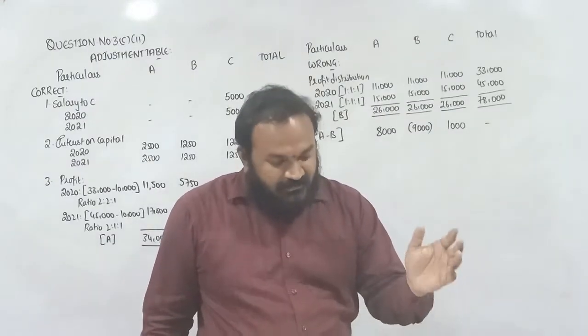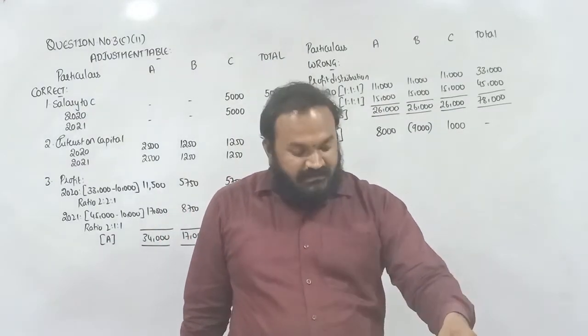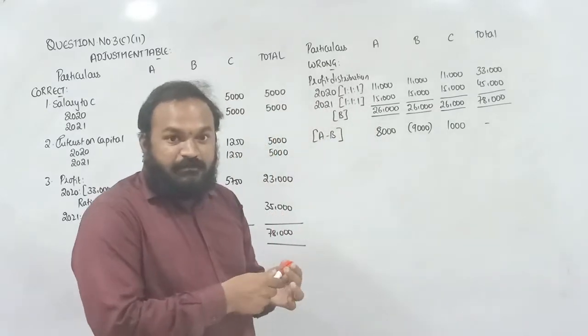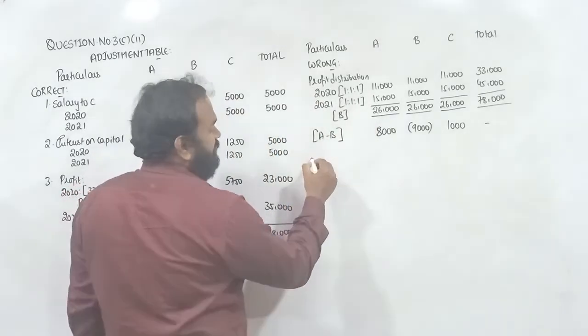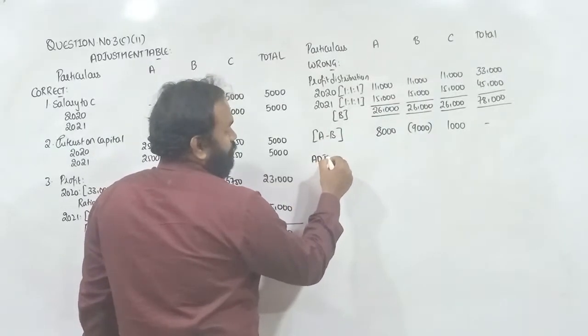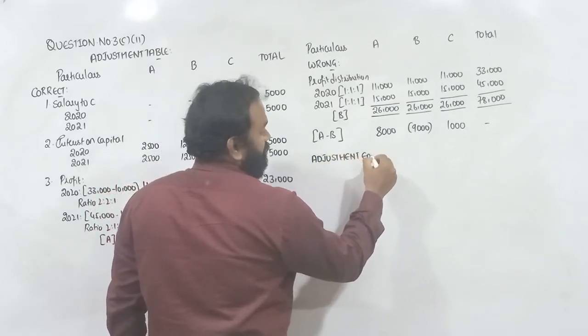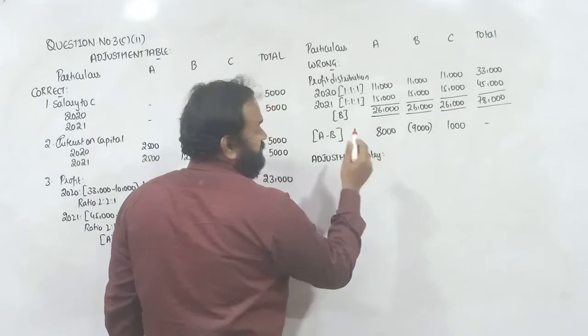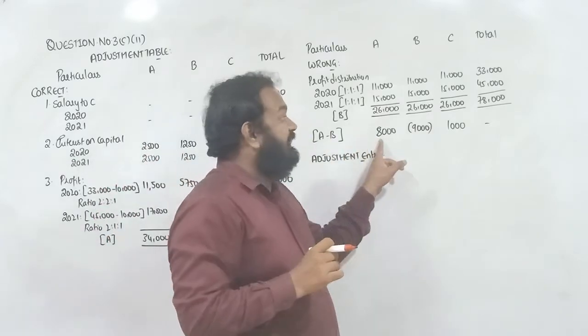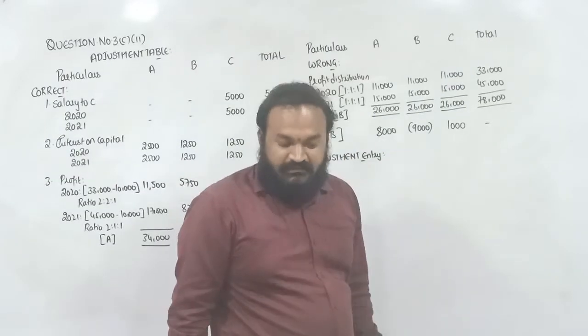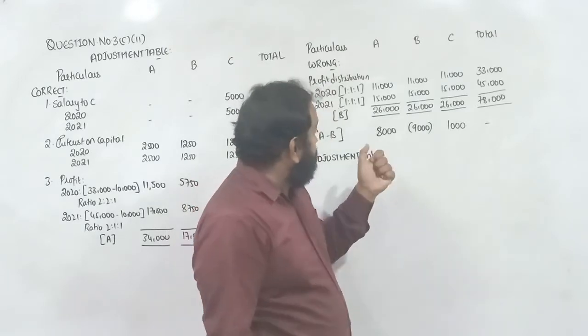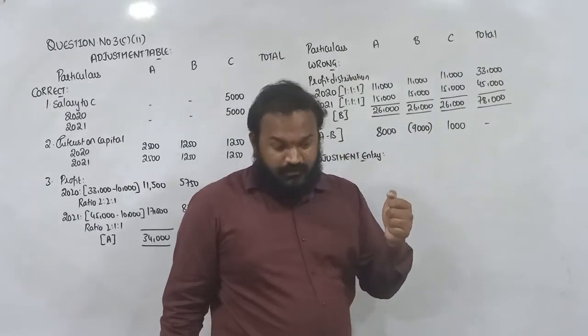Based on this, you have to write the adjustment entry, boys and girls. The paper is asking you to write the adjustment entry. What is the adjustment entry? On this occasion, A and C capitals are to be credited and B capital is to be debited.